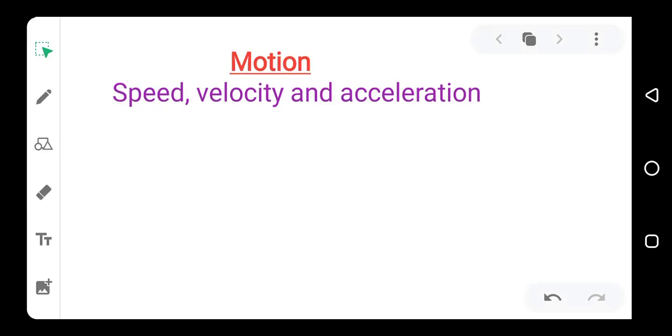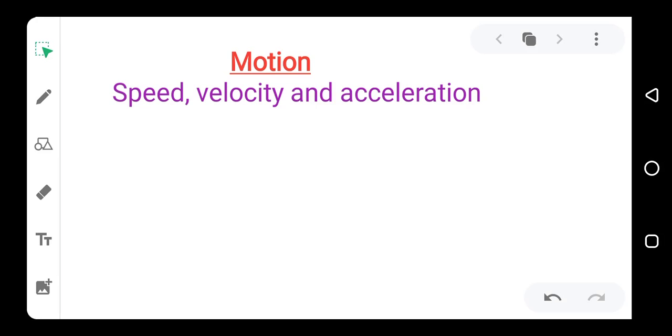In motion, speed, velocity, and acceleration are very common terms, and sometimes they look confusing. So our purpose in this lesson is to clarify the differences between speed, velocity, and acceleration.